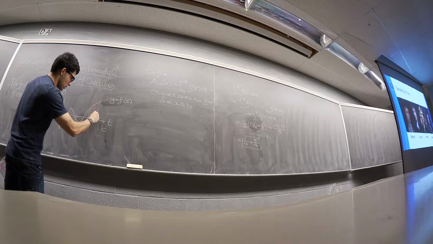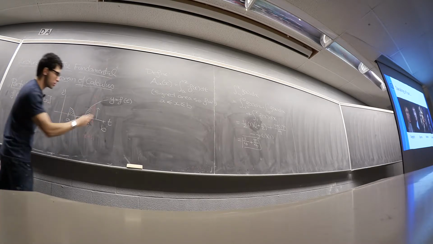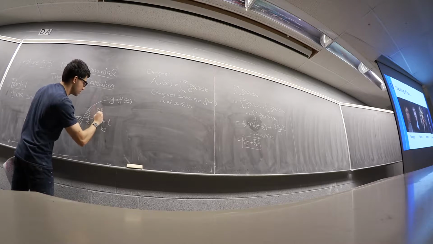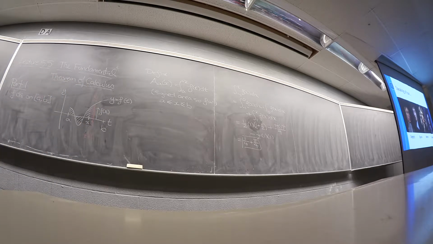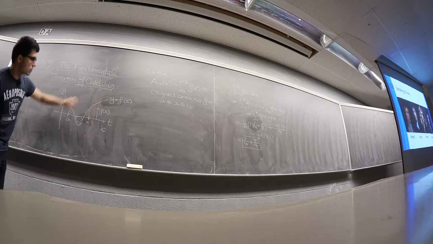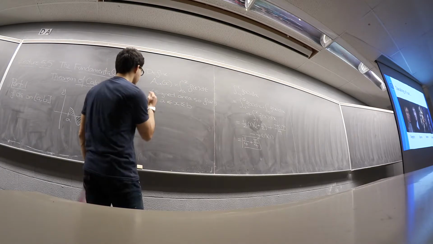Okay, this distance is the value of the function at x. So this is just f at x. Is that all good? Okay, that's f at x, that's h, and we want to see what happens to the signed area as we take a small step.